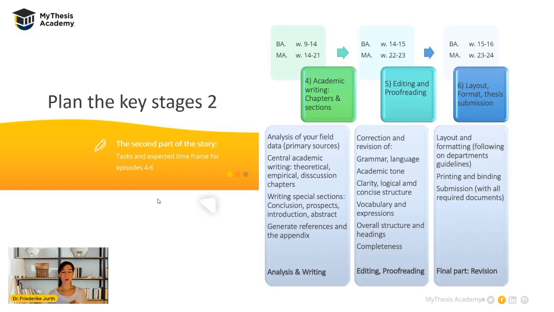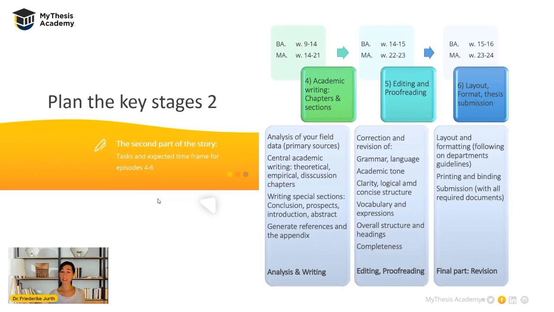It is also crucial that you include some time sections when you will work on the small chapters, like on the conclusion or on the special sections.